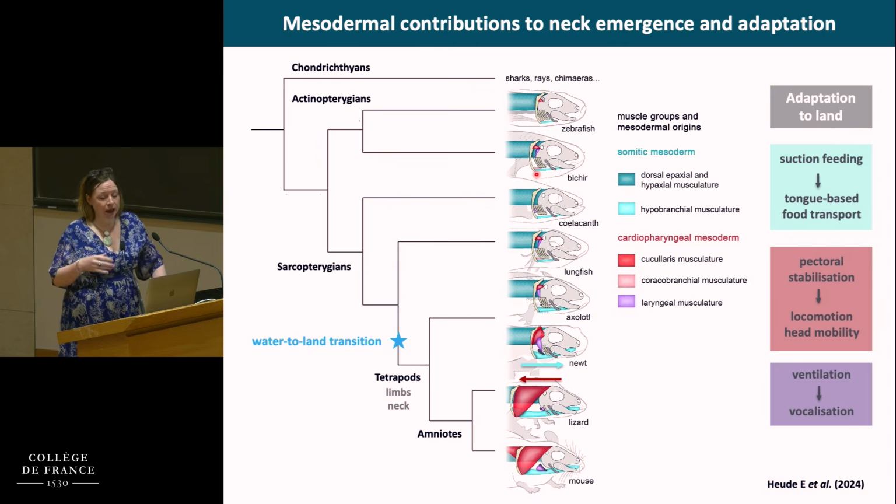So, in summary, the posterior expansion of the cardiopharyngeal mesoderm in the trunk domain and the opposite extension of the somatic mesoderm into the oral cavity both participated to the emergence and adaptation of the neck, not only to assure head mobility, but also assuring head function of respiration, food intake, and vocalization processes adapted to terrestrial life.